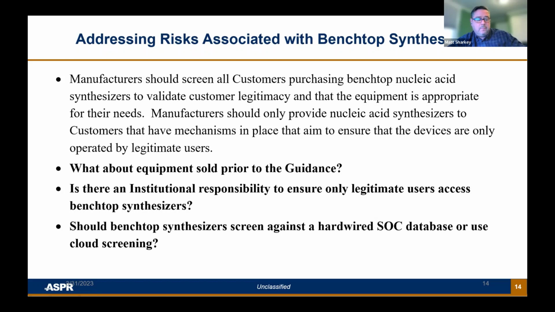It turns out that all the benchtop synthesis manufacturers that we've met with already have a mechanism like this in place, insofar as they're trying to comply with the 2010 guidance. We understand that this mechanism becomes more complicated as they try to implement the revised definition of sequences of concern.